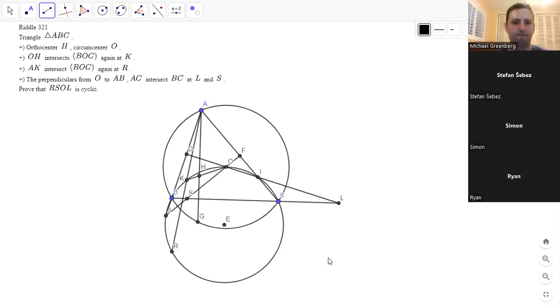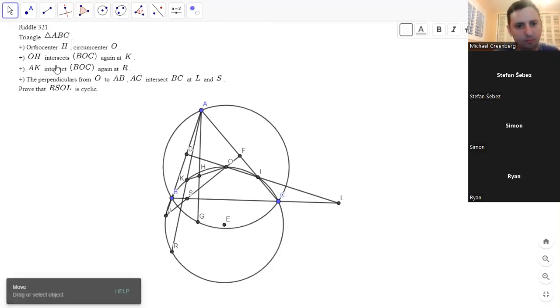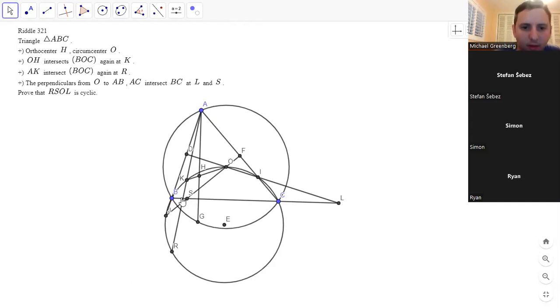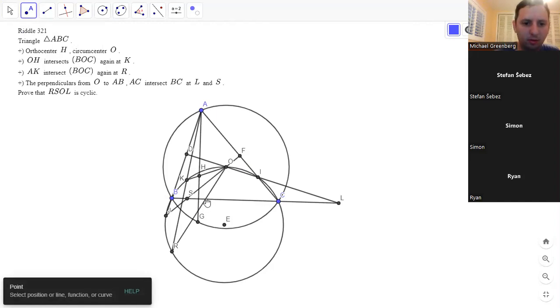And we need to show that RSOL is cyclic. So S and L invert to J and I. Okay. And R inverts to the intersection of RO and BC. Okay. RO and BC. Yeah. So we want to show that RO, BC, and IJ are concurrent.